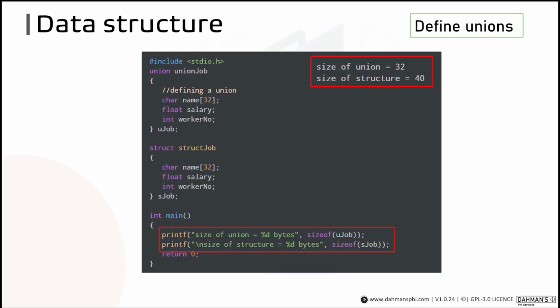Unlike the case of the struct, when we create these three variables, the character array and the float salary and the integer, the compiler actually makes the assignment of this on the memory. So we have 32 plus 4, because float takes 4 bytes on the memory, and 4 for the integer. That's why the size happens to be 40: 32 plus 4 plus 4. So this is the key difference when it comes to unions and struct.